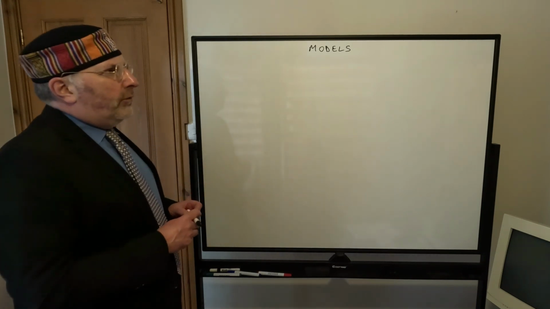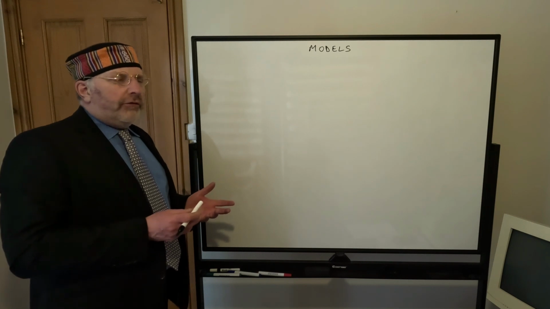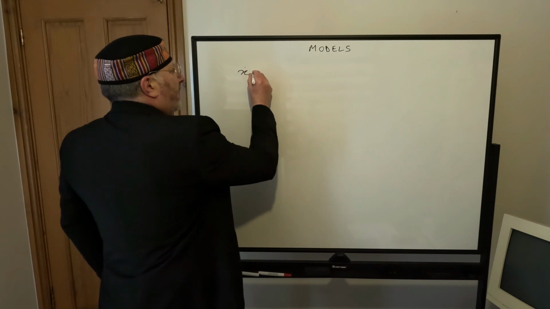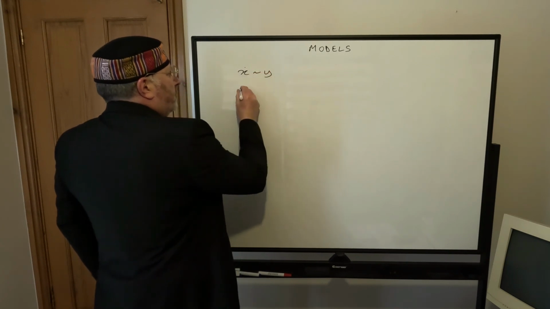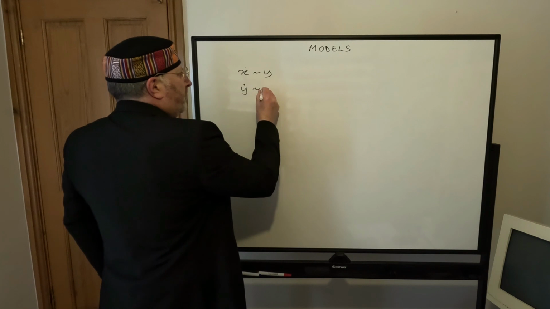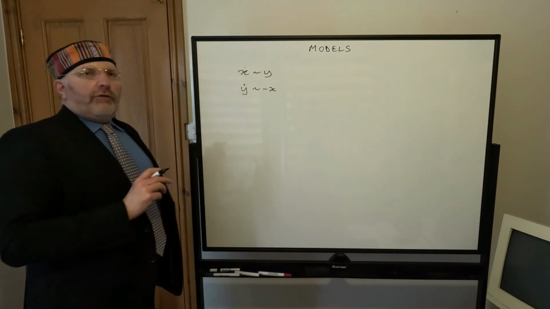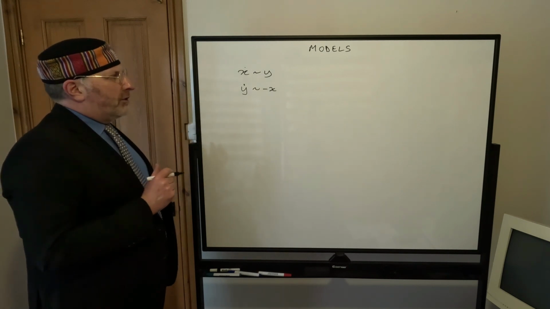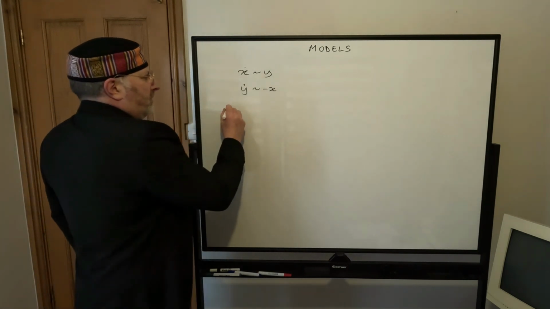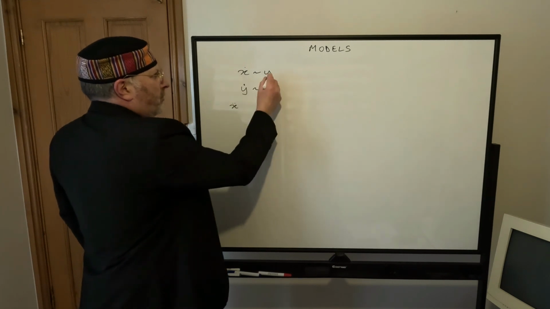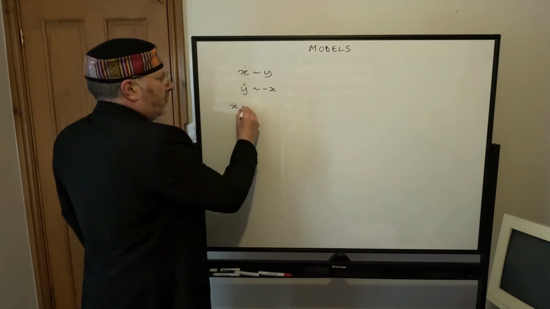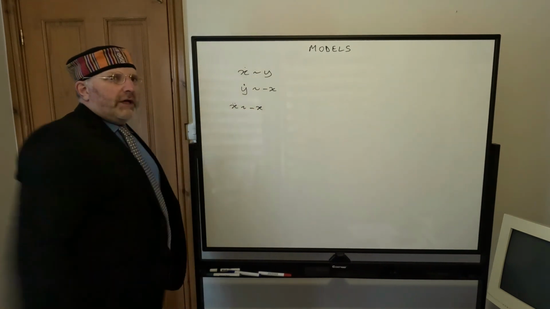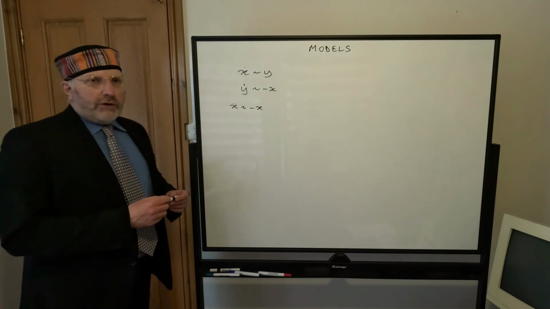Let's think back to when we were studying the simple harmonic oscillator, and we saw how if we had equations like this, x dot is proportional to y and y dot is proportional to minus x, that would result in simple harmonic oscillation, because if we differentiate this twice, we get x double dot is proportional to y dot, and y dot is proportional to minus x, so we get x double dot proportional to minus x, and that is the requirement for oscillation.